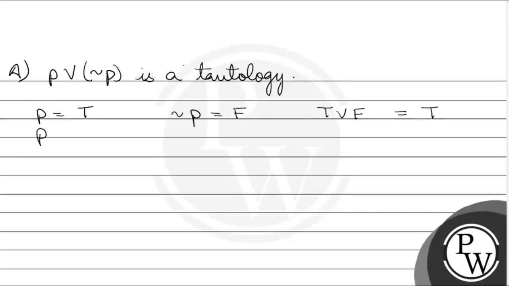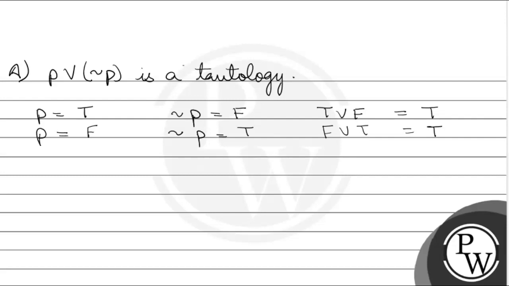Similarly, if P is false, then negation of P will be true, and false or true results in true. In both cases the statement is true. So this is a tautology. That means this statement is correct.